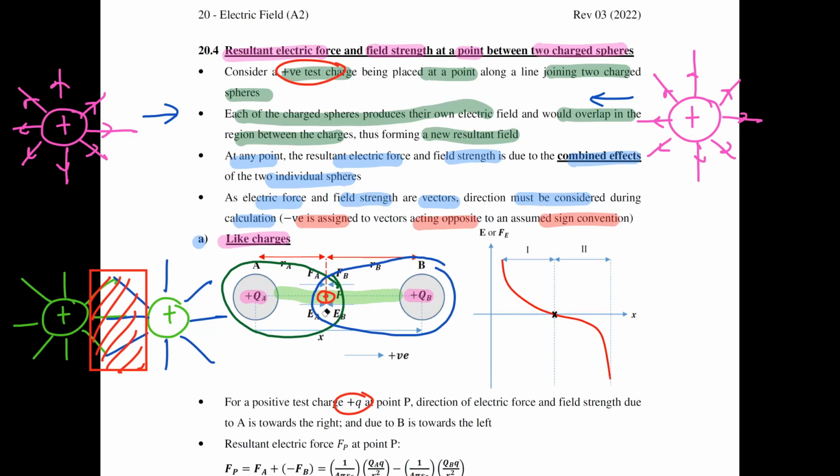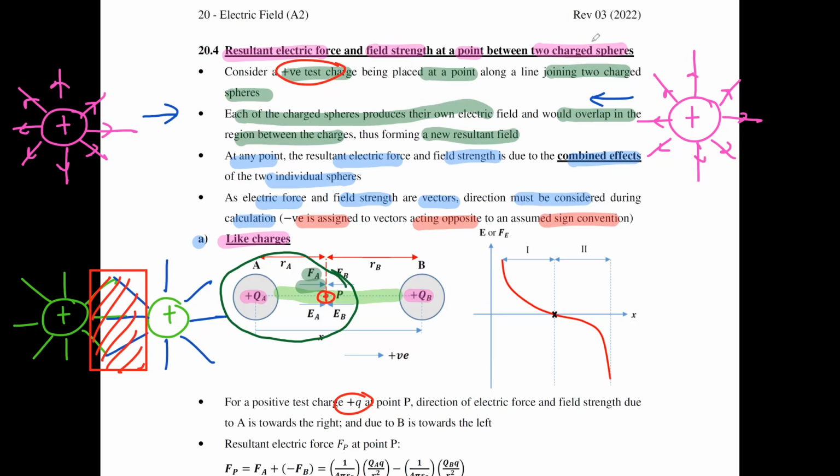So how do you go about doing that? If you consider the effects on the positive test charge due to A alone, what do you suppose is the electric force acting on the positive test charge due to sphere A? Because they are both positive, obviously the force acting on the positive test charge will be towards the right.